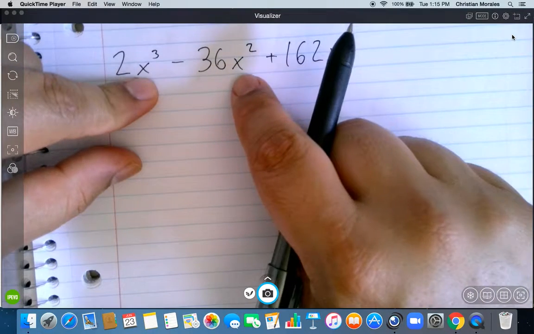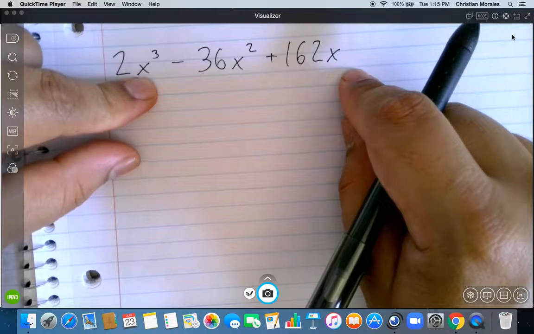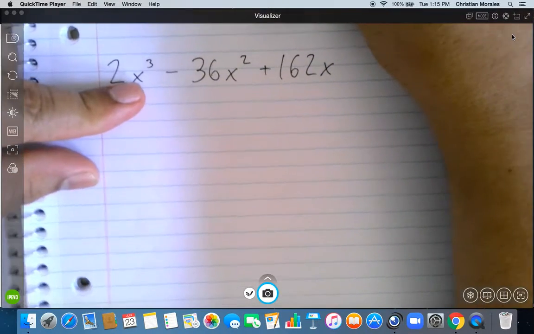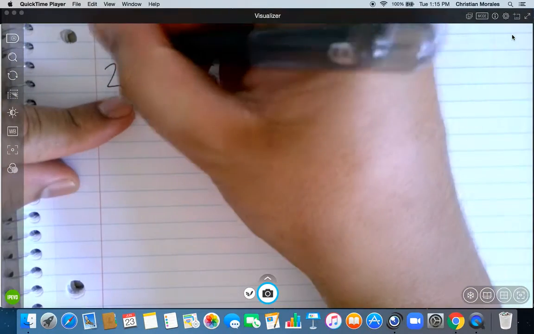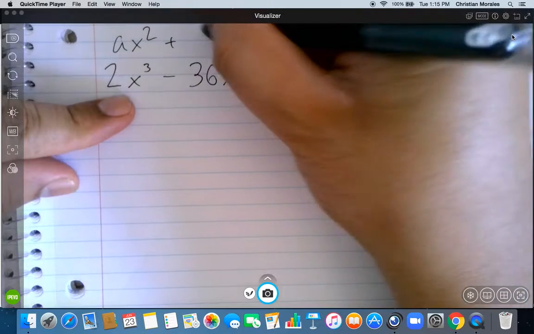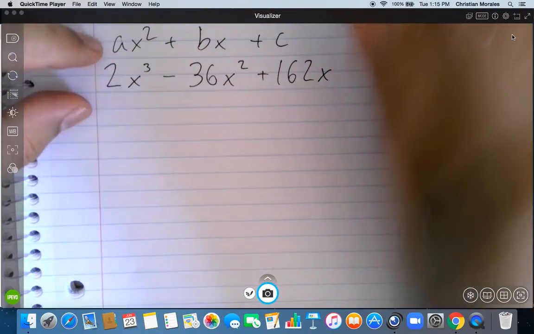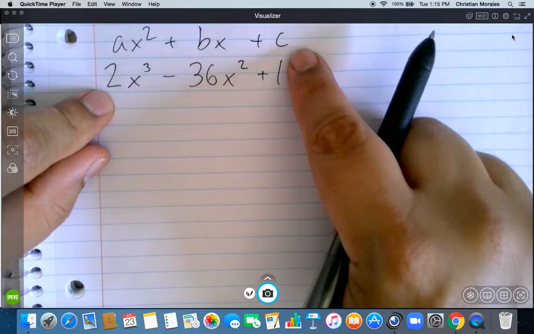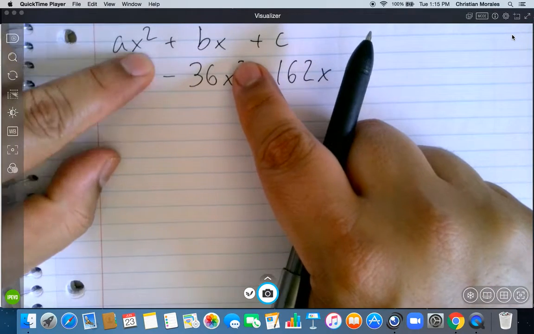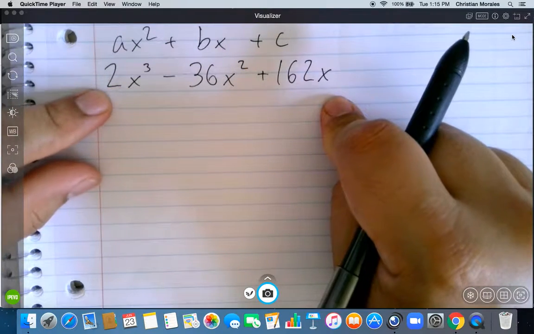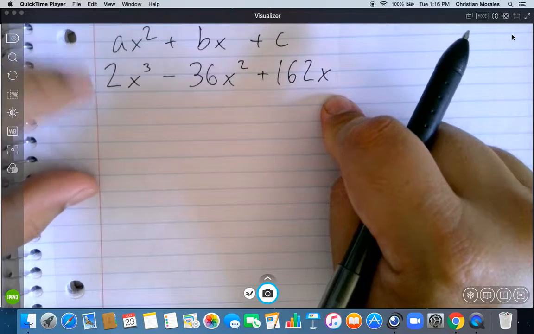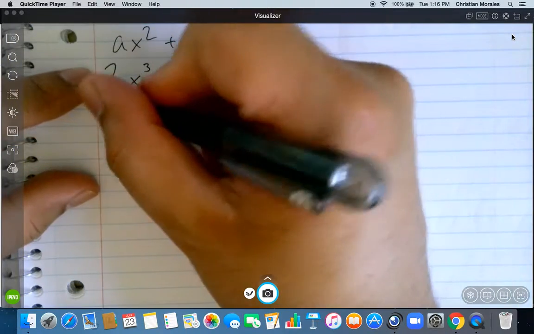But if you notice, the x's aren't the same, because when you're doing these problems, they should look like ax squared plus bx plus c. But there shouldn't be an x there, or an x squared there, or an x cubed here. So that means we can probably take out a GCF. And if this is the smallest number there is, it's probably going to be 2x.